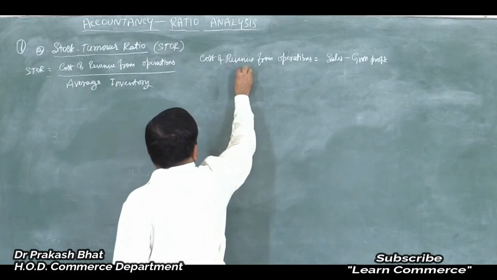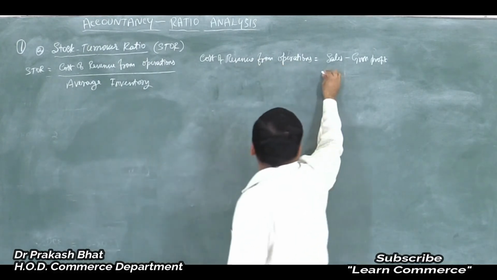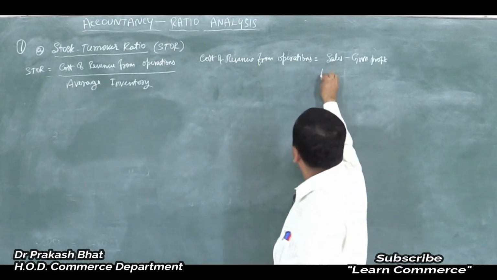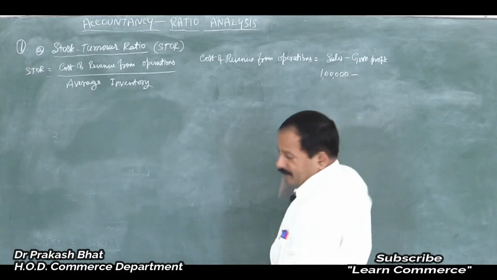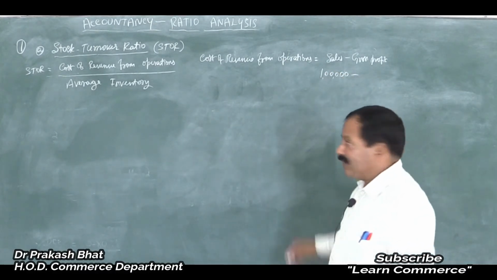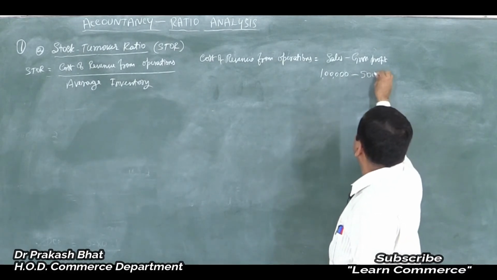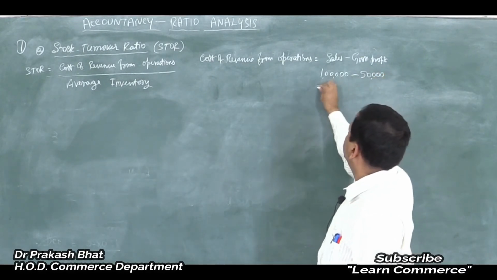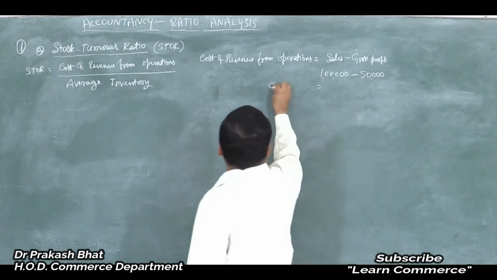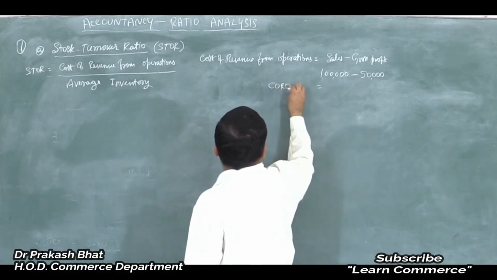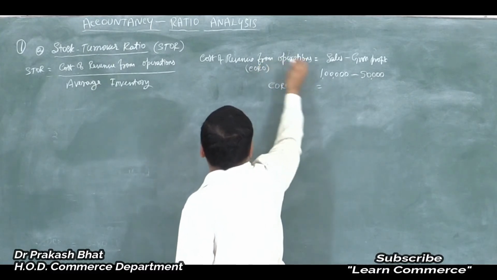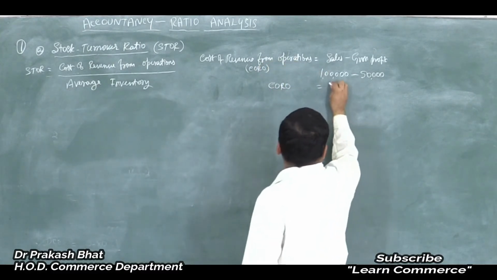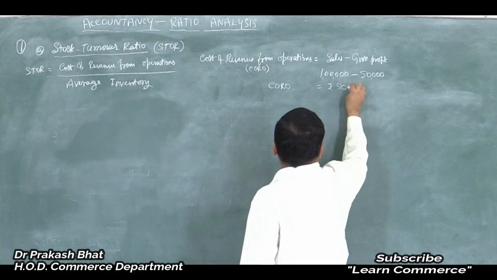Cost of revenue from operations is equal to sales, which is 1 lakh, minus gross profit of 50,000, is that correct? 50,000. Therefore, cost of revenue from operations is equal to rupees 50,000. Very simple.